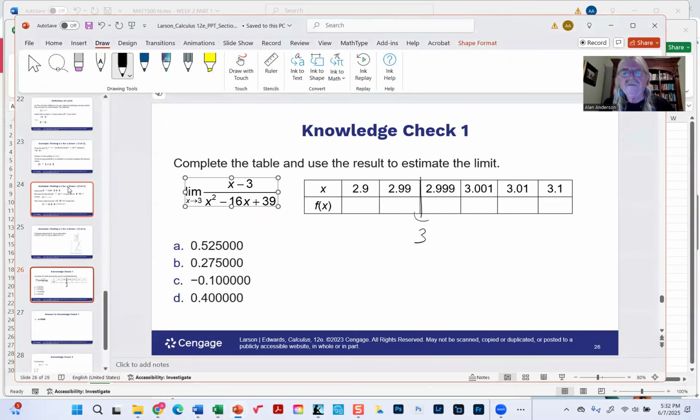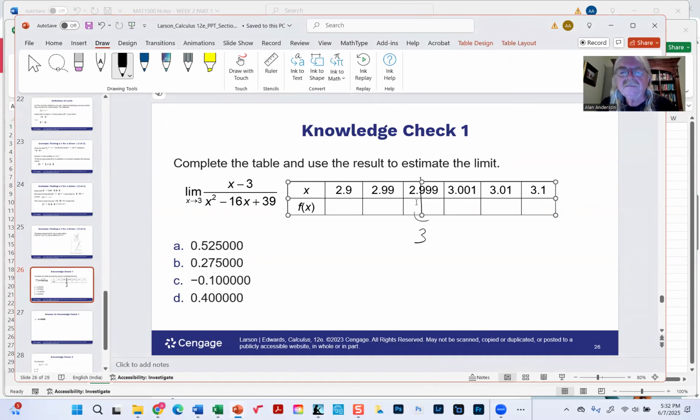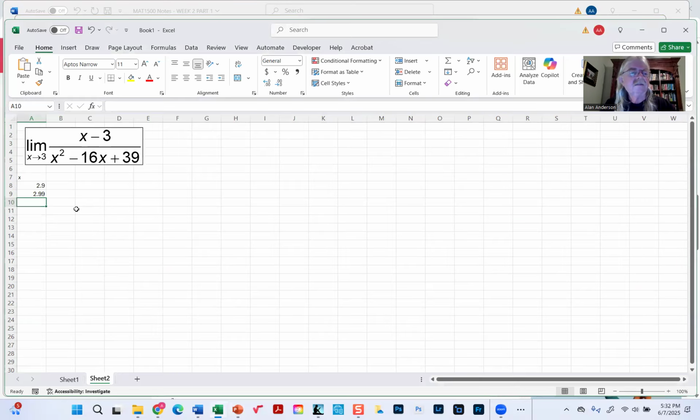On the other side, we have, oh, it looks like I drew this incorrectly. This belongs here. There we go. That's better. All right, 2.999, 3.001, 3.01, 3.1.